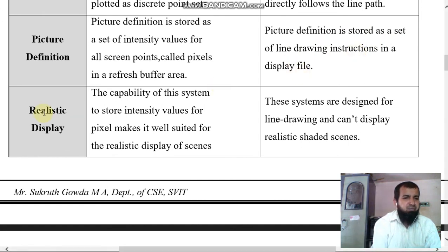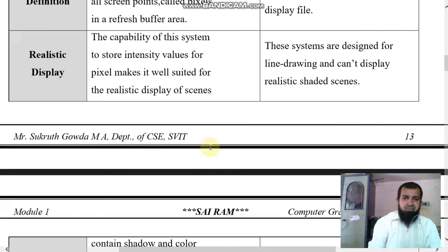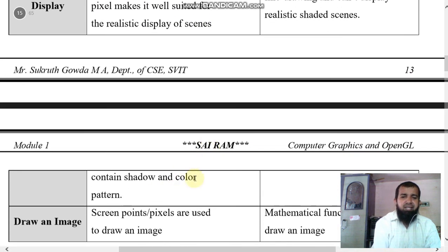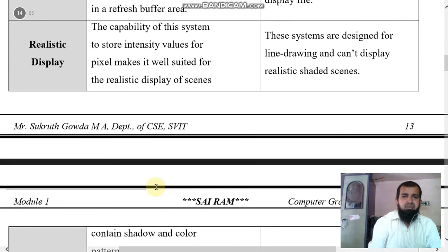Next, fourth difference is realistic display. In raster scan, the capability of this system to store intensity values for pixels makes it well suited for the realistic display of scenes containing shadow and color patterns.